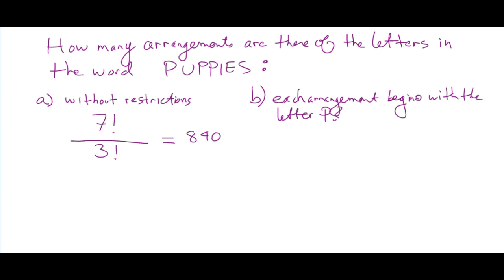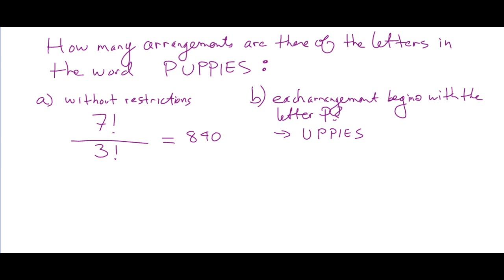So really what this question becomes then is, how many arrangements are there of the letters U, P, P, I, E, S, right? So really you can just toss out the P. That P is gone. It's like 7 friends are lining up for the water fountain, but Jill has to be first. Okay, then take Jill out of it, now I've got 6 people.